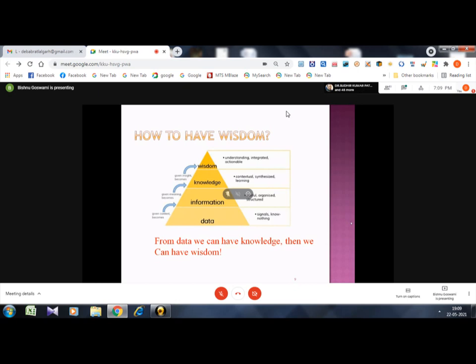In the future, perhaps we can have wisdom from automated systems, but today it is not so easy. Wisdom is understanding of all the problems and solutions, integrated and actionable. So we can act based on wisdom. Thus, from data we can have information and knowledge, and finally we can have wisdom.